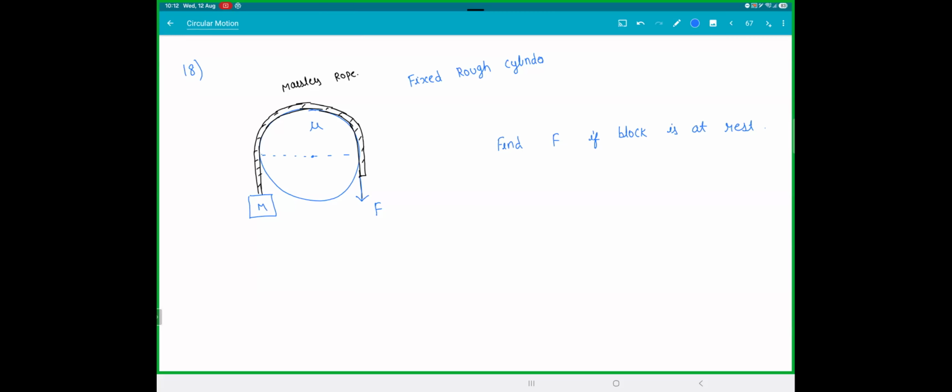How do we start this? The rope is massless. How does that affect the tension then if the rope is massless? Like how does the friction come?